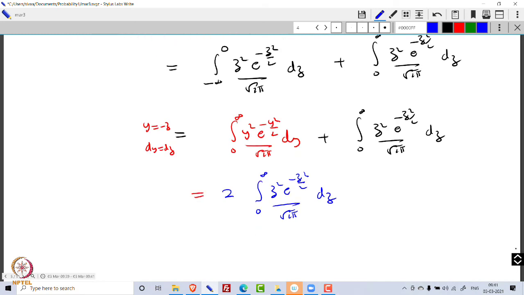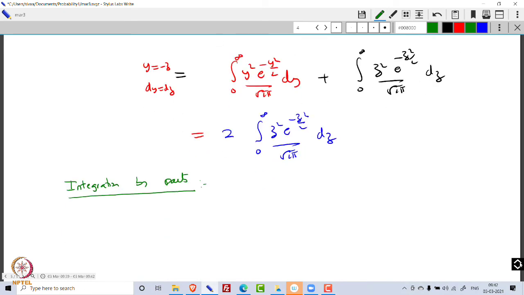So now I have to evaluate this integral. I have to use an integration by parts idea. So what do I get? I would take u to be equal to z, and v to be equal to e to the minus z squared by 2, right?